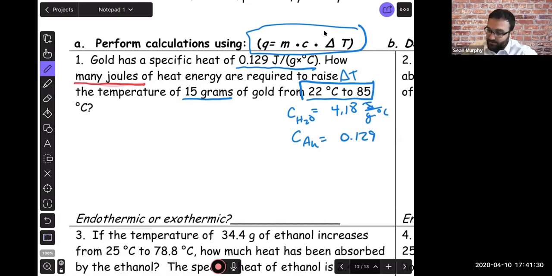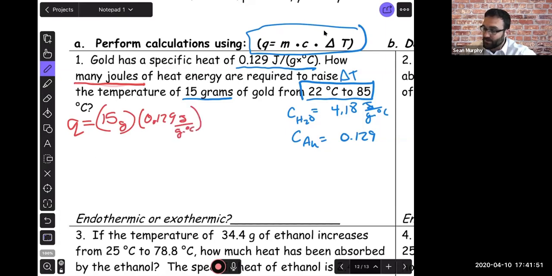So we have Q equals 15 grams, we're going to multiply it by the specific heat capacity of that composition, 0.129. Don't forget your units, joules per gram degrees Celsius. And then remember, delta T is the final minus the initial. It's very important that you do the final minus the initial.